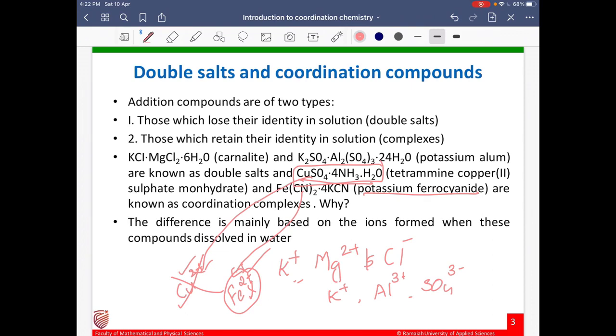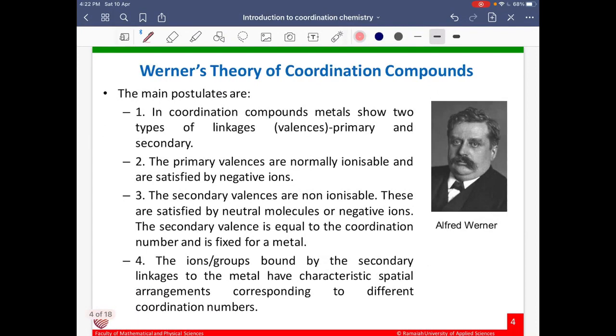Alfred Werner won the Nobel Prize for Chemistry in 1913 for explaining the bonding in coordination compounds. His main postulates are: in coordination compounds, metals show two types of linkages or valencies, primary and secondary. The primary valencies are normally ionizable and are satisfied by negative ions.